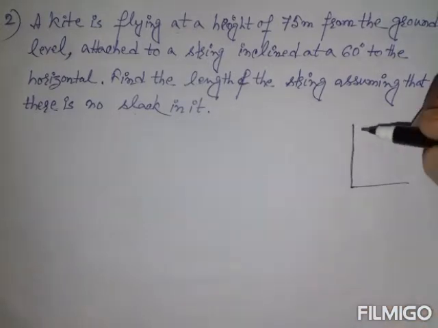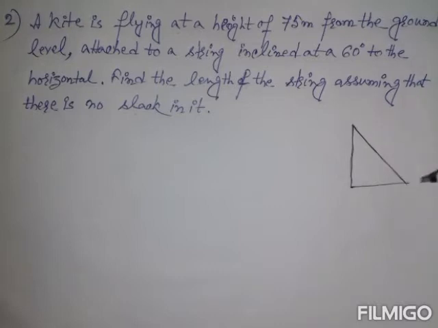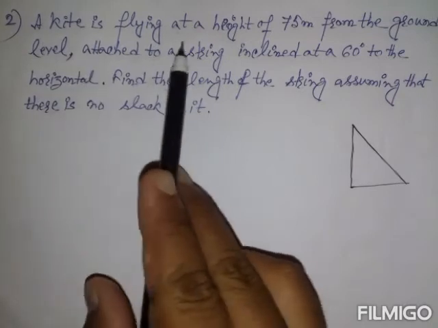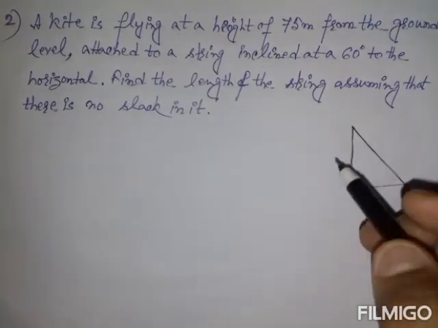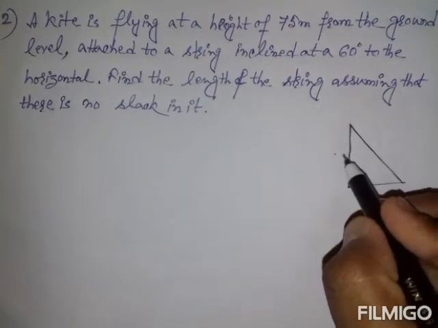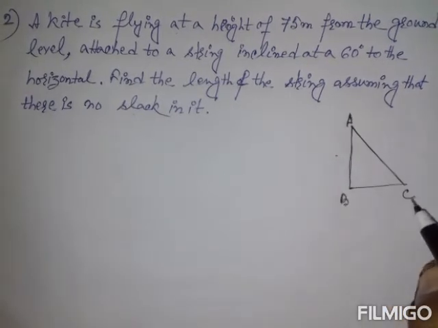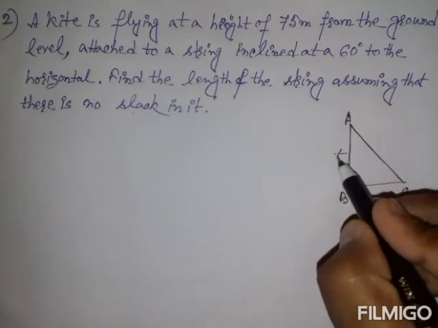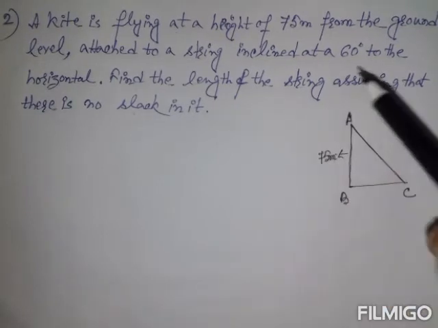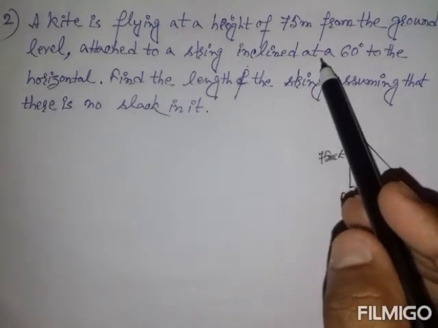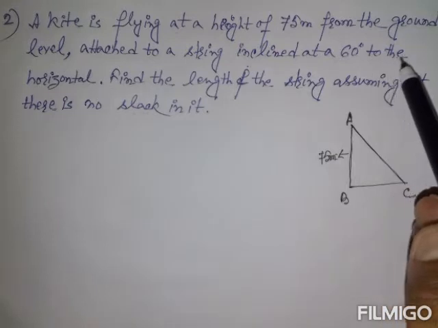A kite is flying at the height of 75 meters. So ABC. AB is the height. It is 75 meters from the ground level.